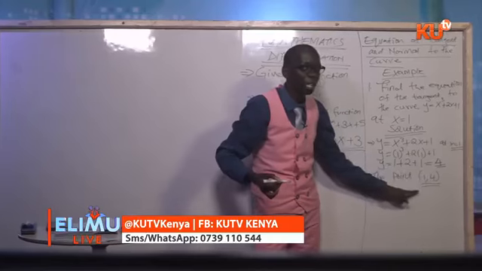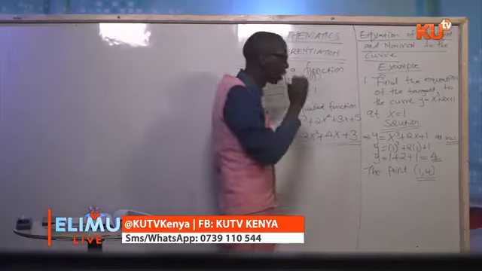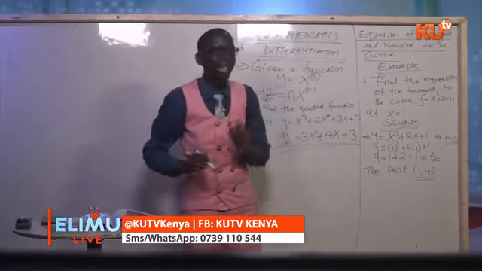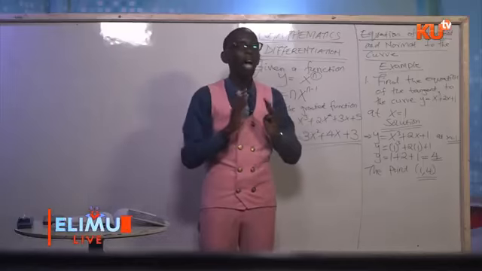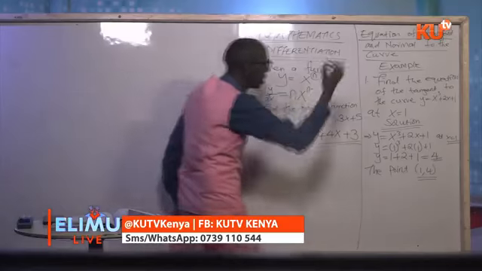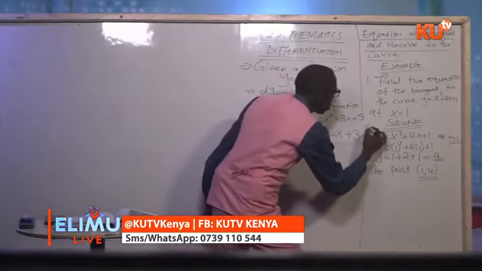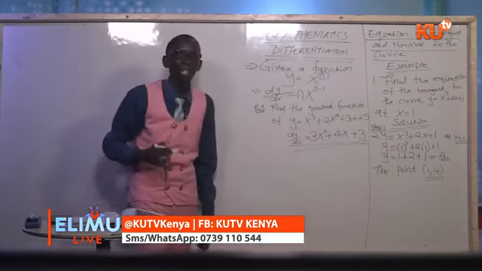This is the point that we are going to use to get the equation of the tangent to that curve. This was step 1. Step 1 is getting the value of y when x is 1.